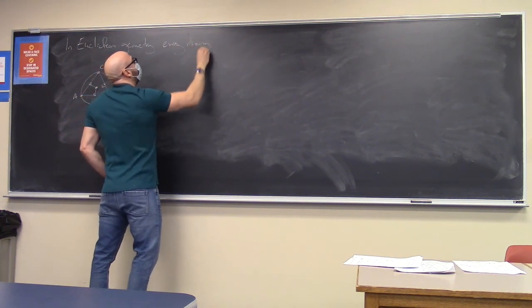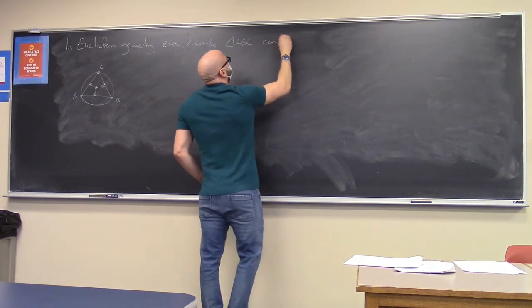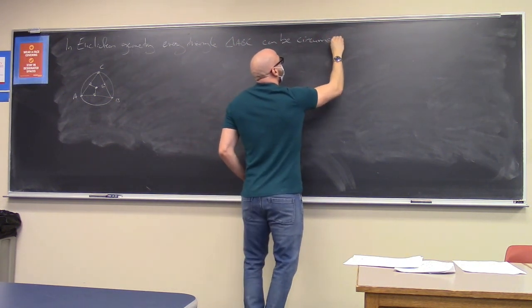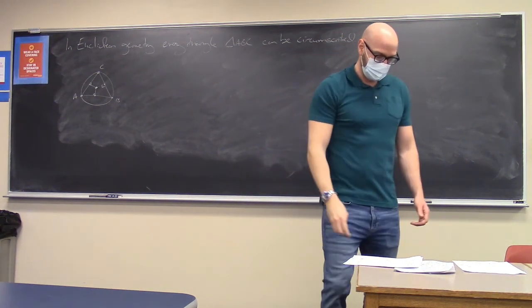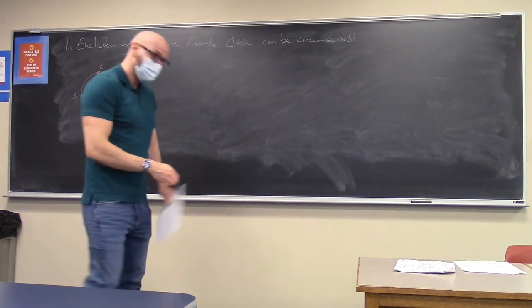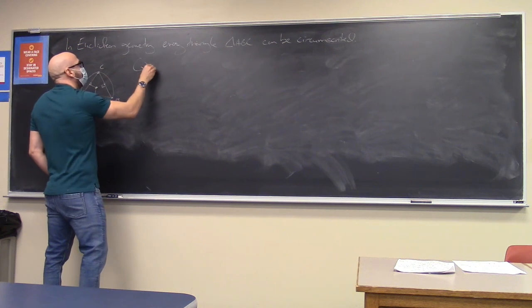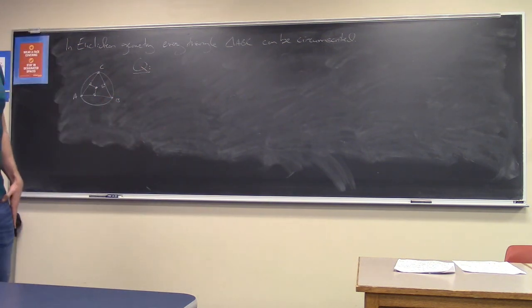Every triangle ABC can be circumscribed. So the question is, is this true in hyperbolic geometry?